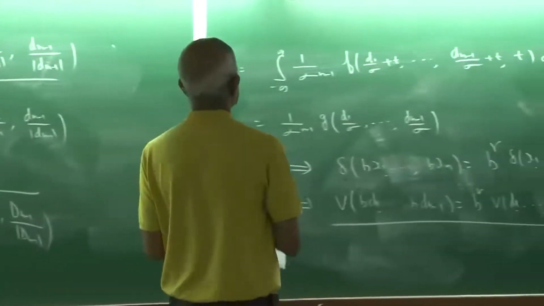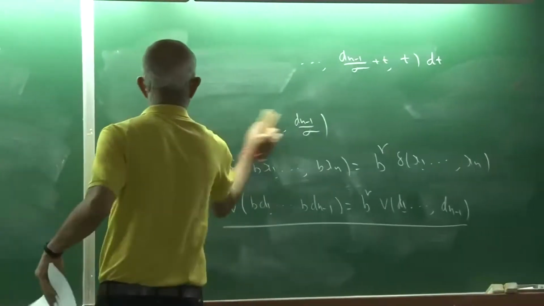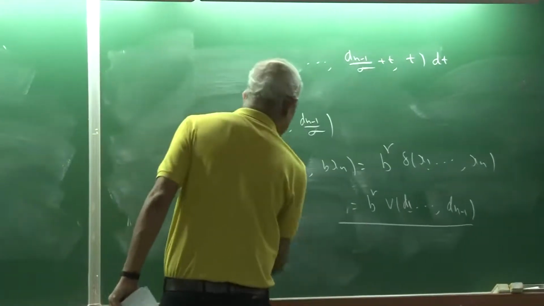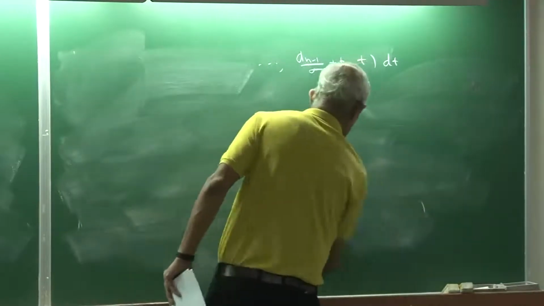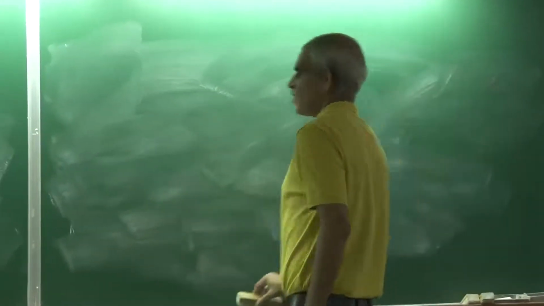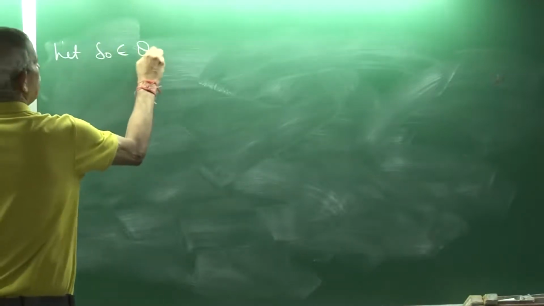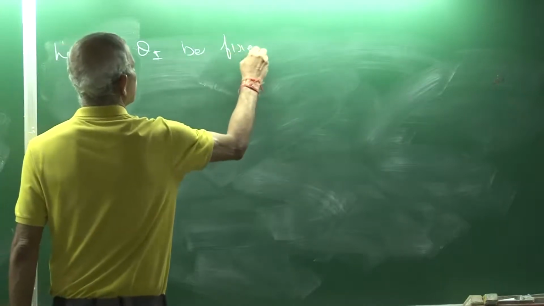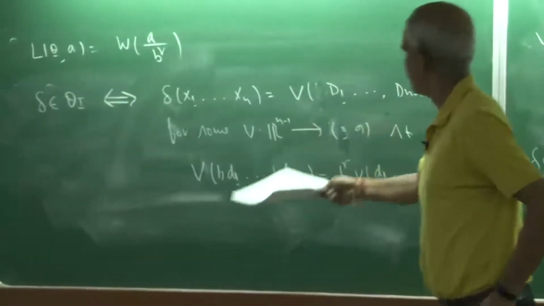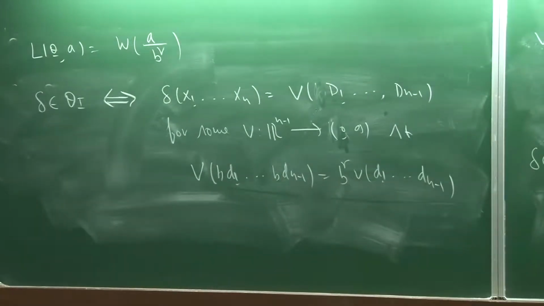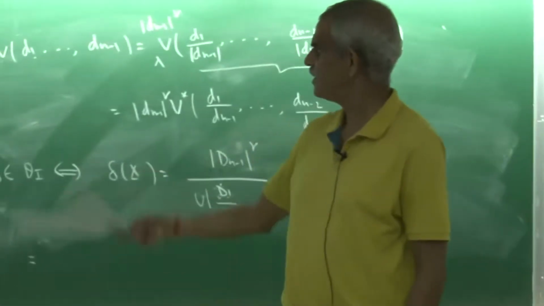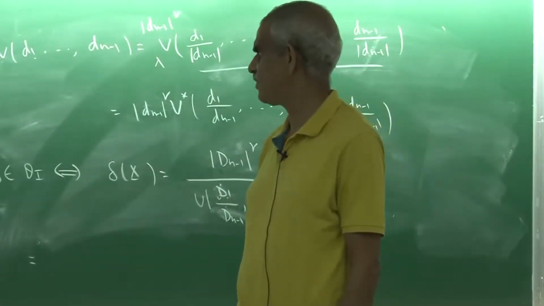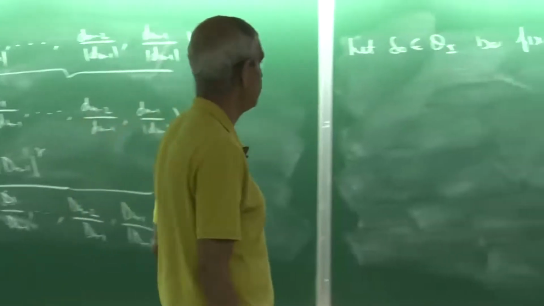So this all is exactly on the same lines as we did in the scale family. Let delta naught belonging to di be fixed. That means it is any scale invariant estimator of this type, a function of d1, d2, ..., dn-1, with V of b d1, d2, ..., dn-1 the same as b to power r times the same.